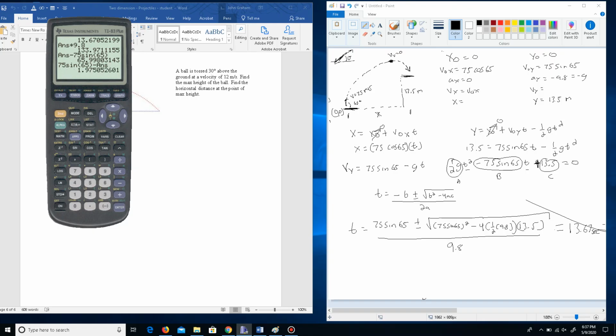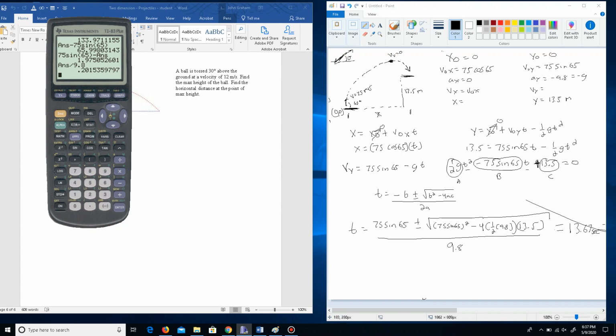Now you do end up with a positive. I thought it would be negative, but it will be very low. So it's only going to be 0.2. It's odd that that ends up positive, but maybe it's how I set it up. It's just a dot. Interesting. So anyways, we got 13.67. That will be the final time.